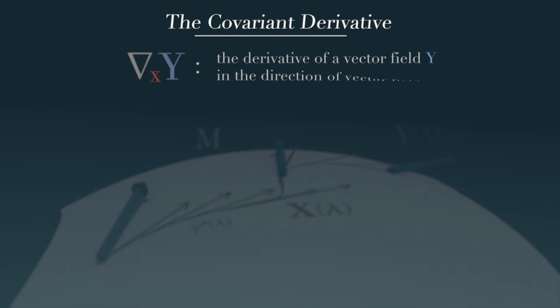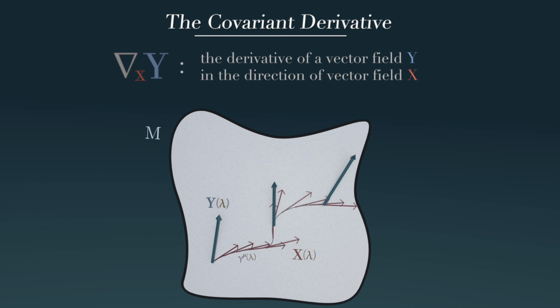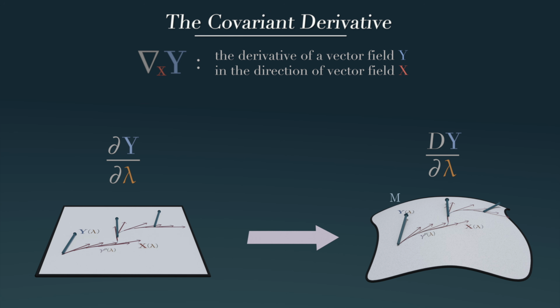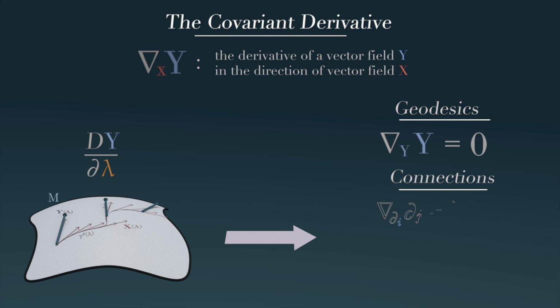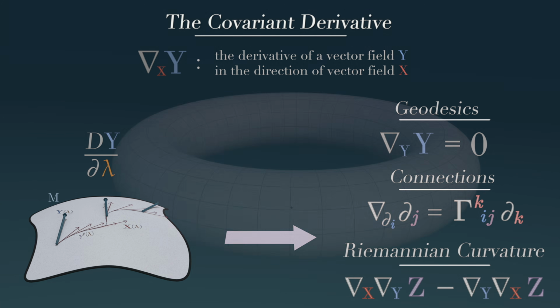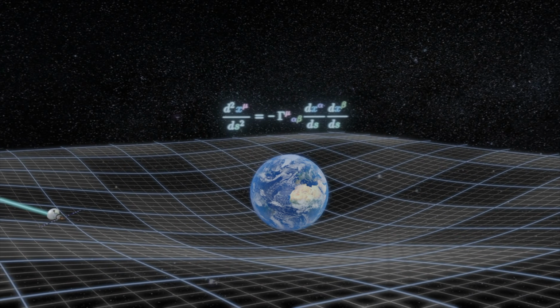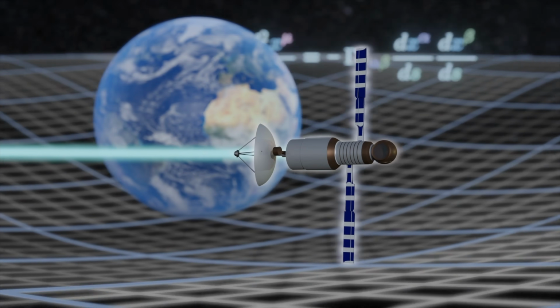This powerful tool allows the results of ordinary differential calculus to be extended to the domain of curved surfaces, leading directly to precise formulations for concepts like geodesics, connections, and Riemannian curvature, ultimately unleashing powerful new ways to analyze abstract geometries, including that of general relativity's four-dimensional space-time. This is Dialect with the covariant derivative.